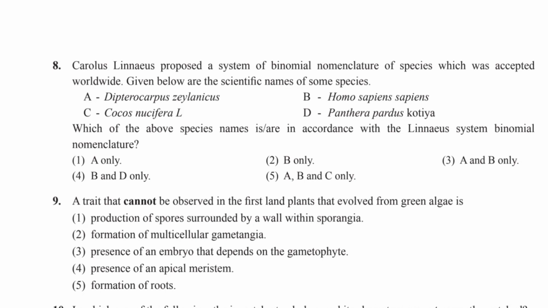B. Homo sapiens sapiens. Now you know Homo sapiens, but there are two: Homo sapiens is Neanderthalensis, and Homo sapiens sapiens is modern man. Right? Cocos nucifera. Right? Coconut. And then Panthera pardus kotiya. Right, the Sri Lankan leopard. Which of the above species names are in accordance with Linnaeus's system of binomial nomenclature?